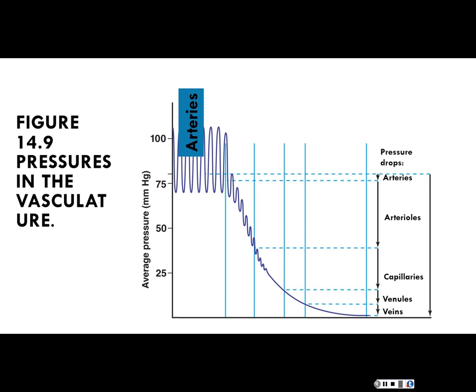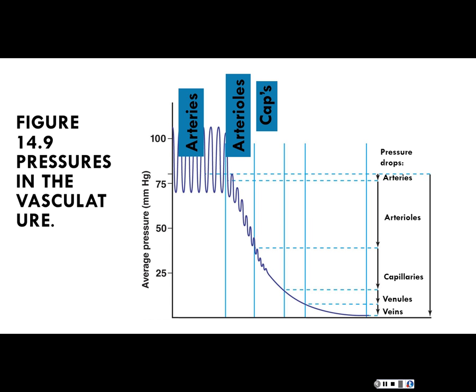How would you describe it in the arterioles? It's definitely declining. We said the most significant drop in pressure happens here, but it is also pulsatile. So arterial blood flow is pulsatile as well, but as noted, it does decline throughout the system.